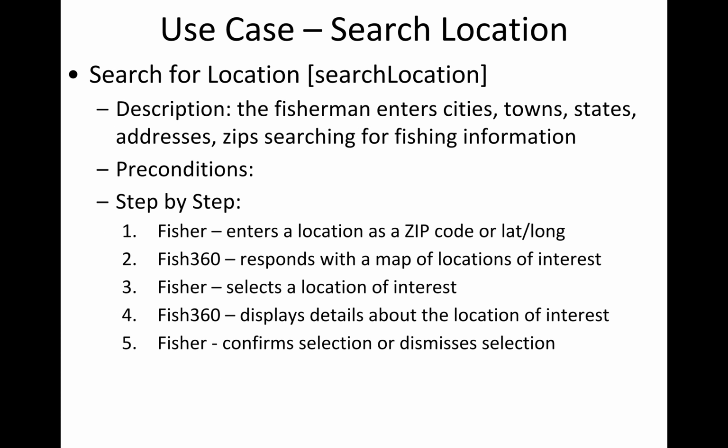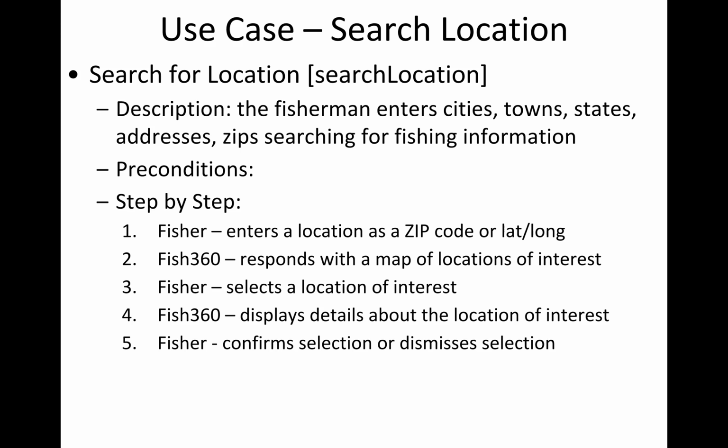So here's a use case where one of the end users wants to search for a location. They want to plan a fishing trip this weekend. They might enter cities, towns, or states, or their GPS might grab their location, and depending on that location, maybe it shows on a map.